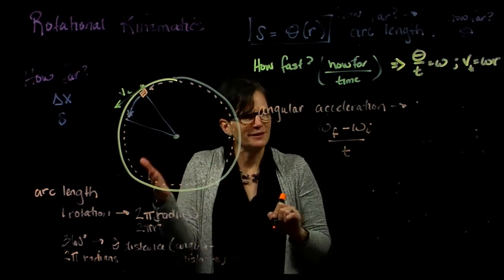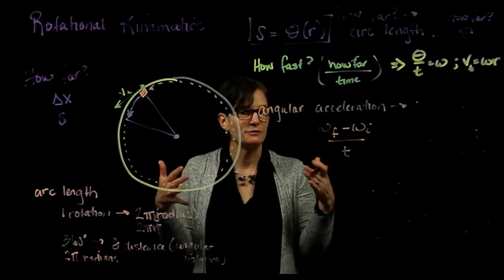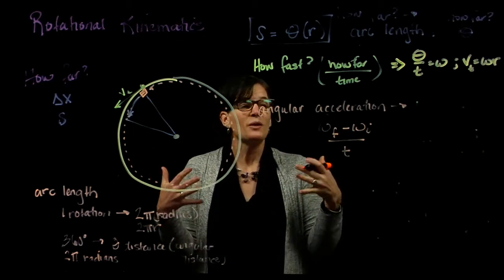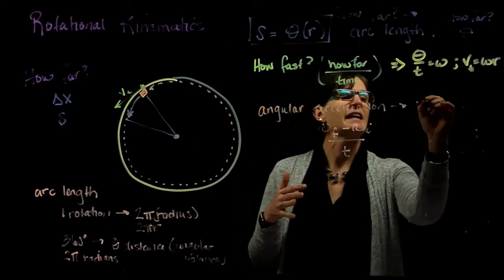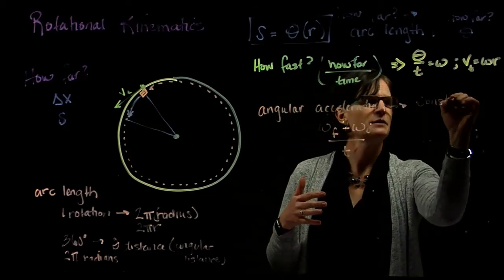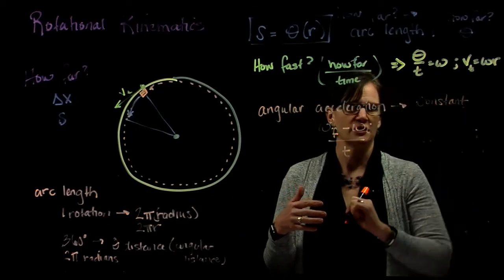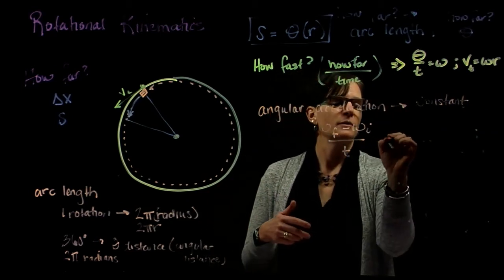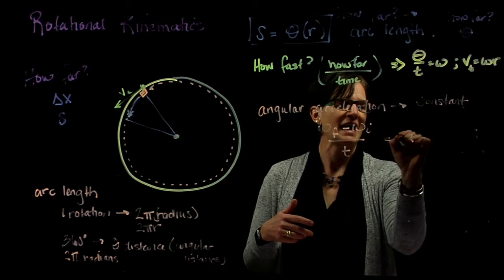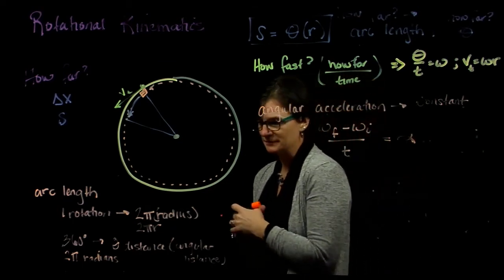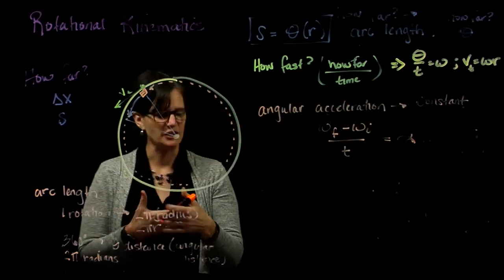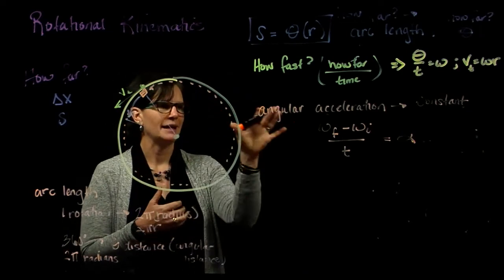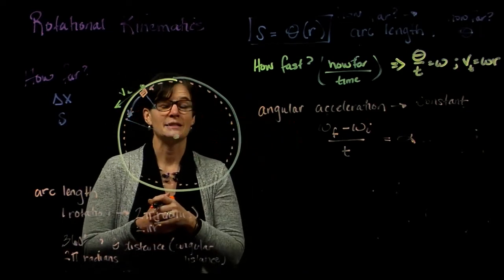Just like it was our final velocity minus our initial velocity over time for translational motion. So angular acceleration, and we're only going to look at cases of constant, just like we did with translational, constant angular acceleration. This relationship we define as alpha, lowercase alpha. So for constant acceleration, our angular acceleration is defined as alpha.